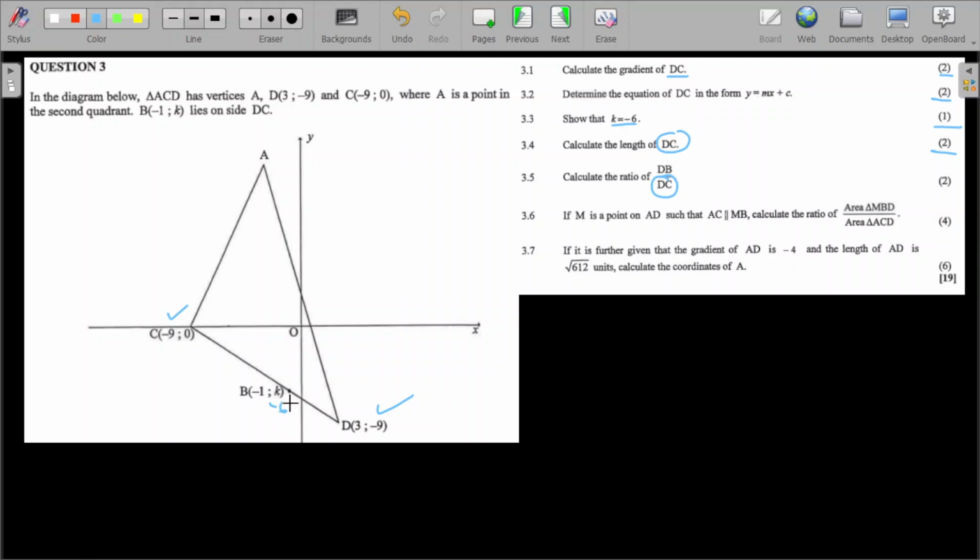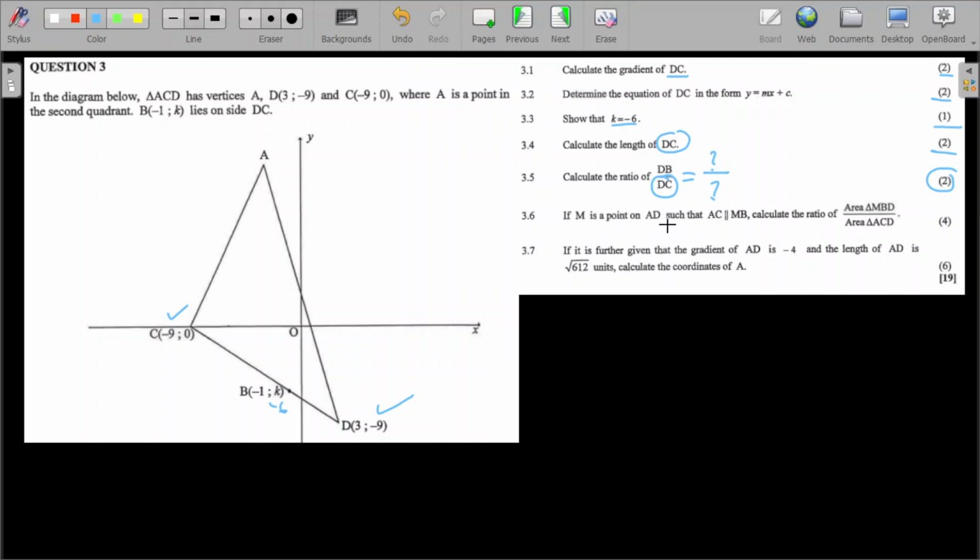So you find the length of DB and then you just calculate the ratio. After that, you just say DB over DC is equal to whatever length you got for DB, all over whatever length you found for DC. That's how we calculate the ratio. Hopefully we also got these 2 marks there.